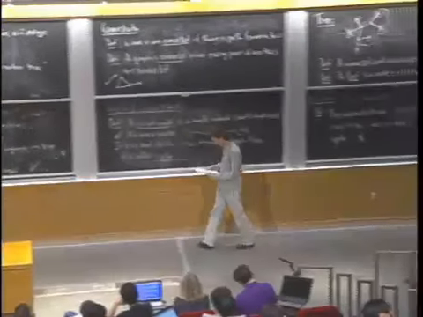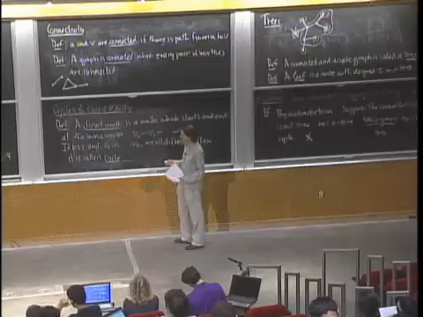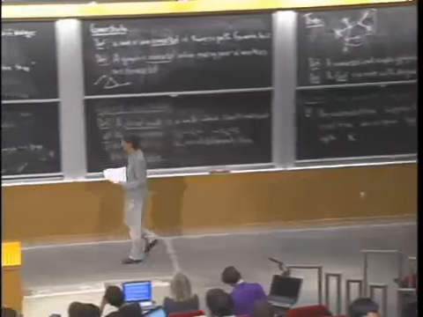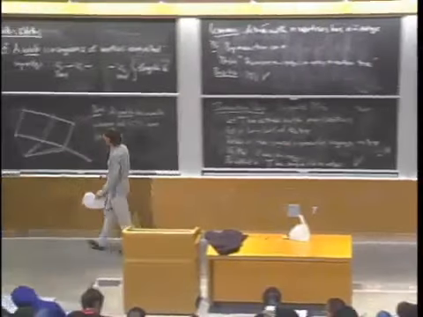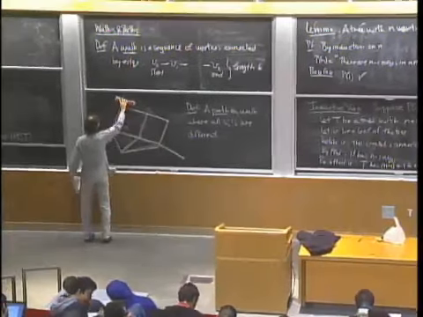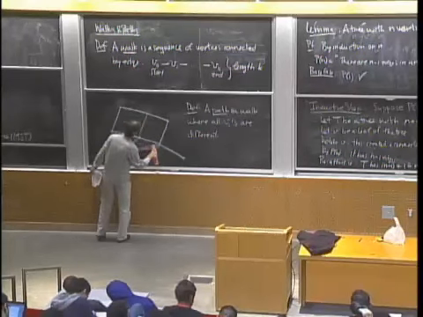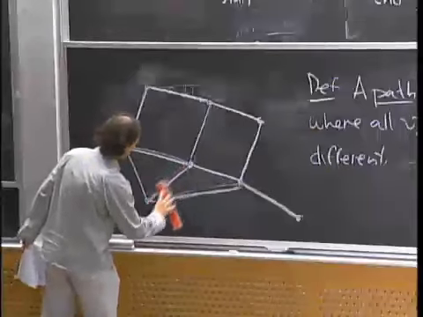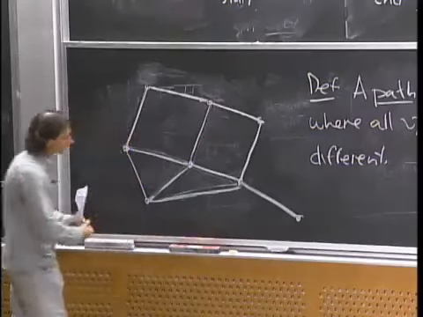Okay, so let's now talk about very special trees, spanning trees. Now I think this is a very exciting topic. So let's look at this particular graph over here. And let's define spanning trees. So what's a spanning tree?